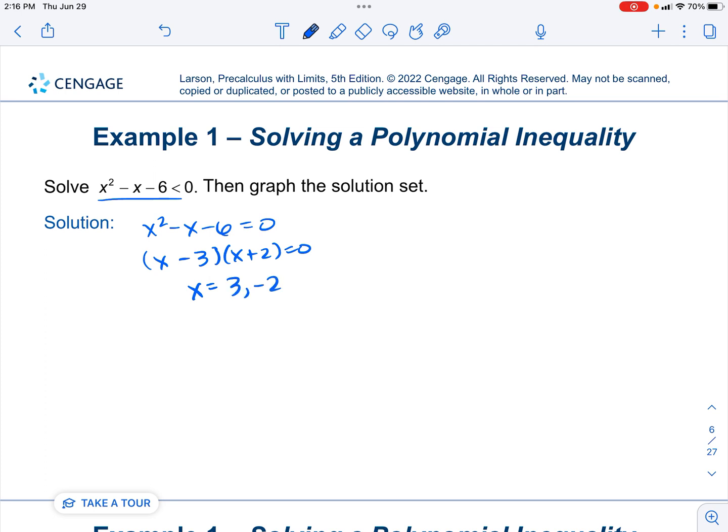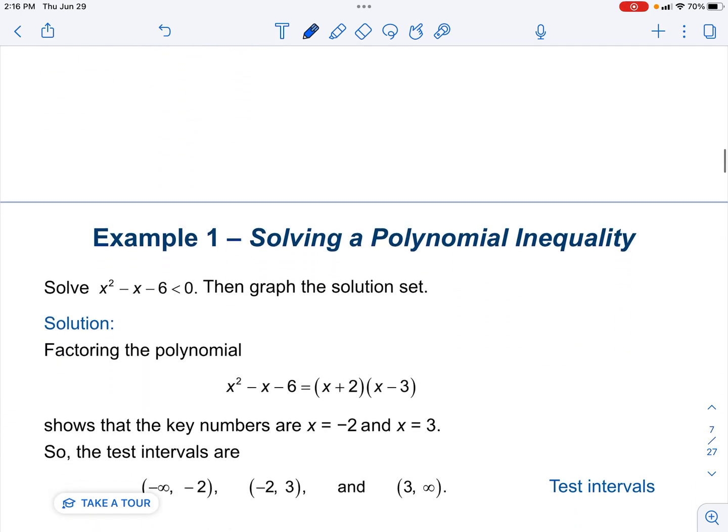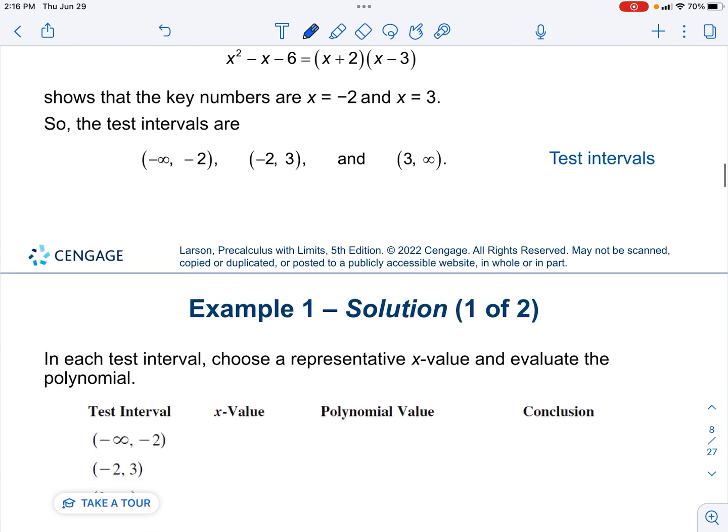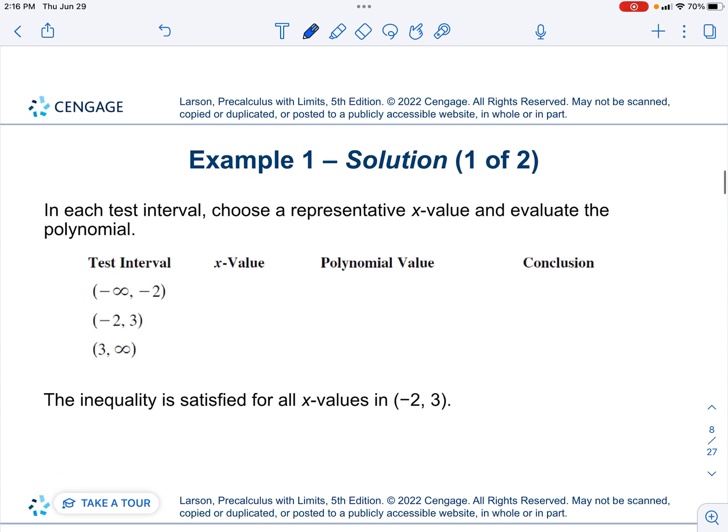So what I want to do is set up intervals where those are the dividers. You can set this up in a few different ways. I'm going to set it up in a table format, where here are my test intervals.